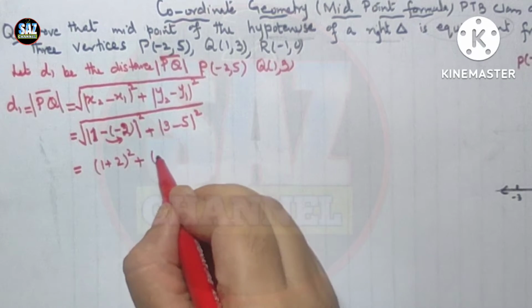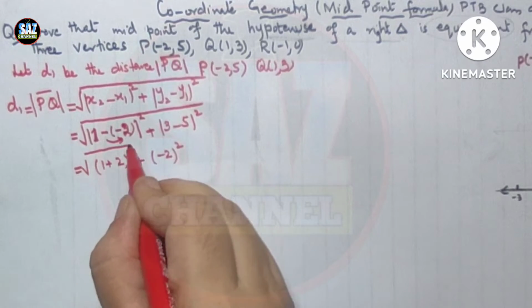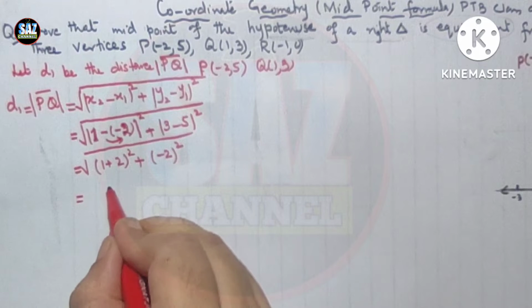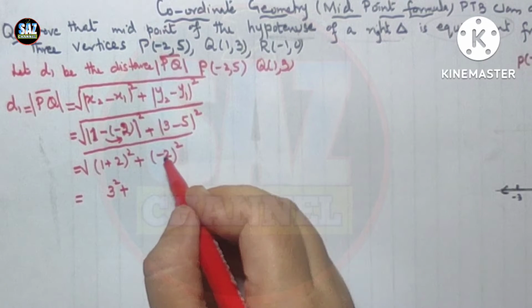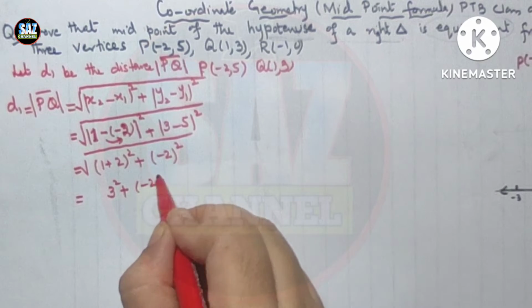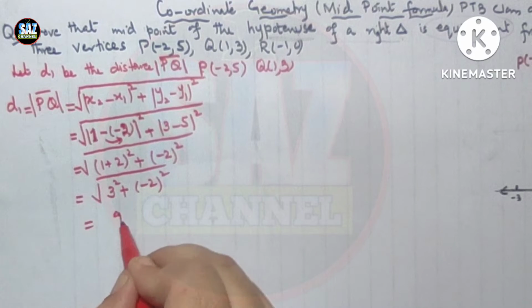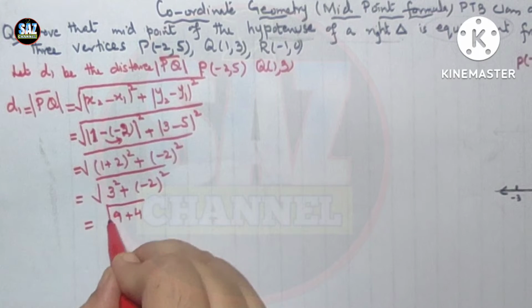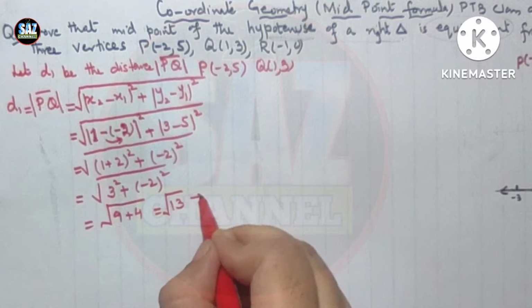This is 3 square plus 2 square. Recall my previous lesson, that the square of a number, whether negative or positive, will be positive. This will be 9 plus 4, which is equal to 13. Let me mark the number here. We are done with P to Q.